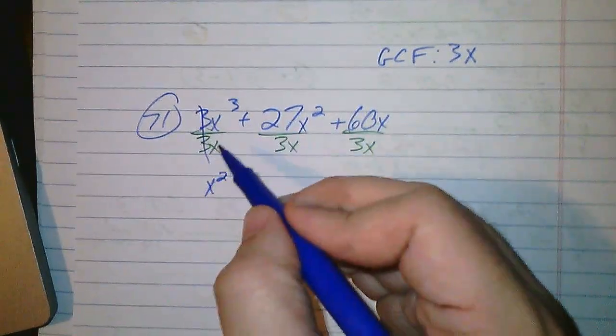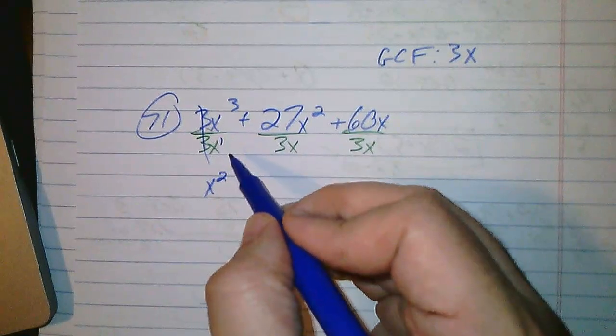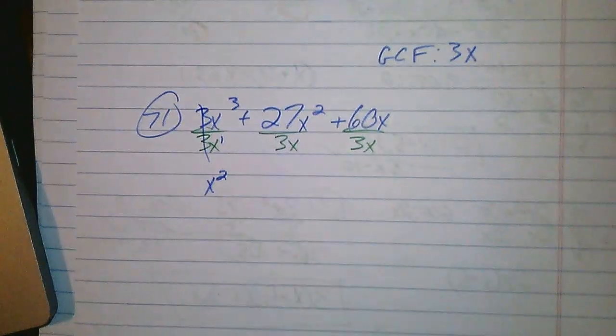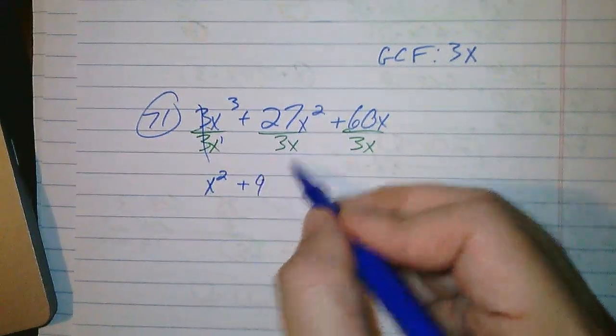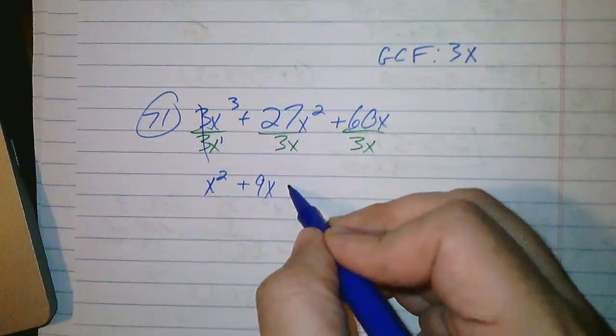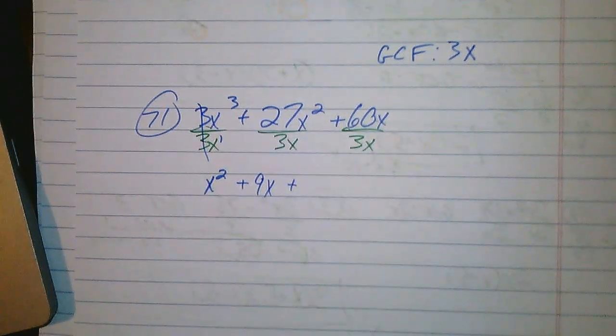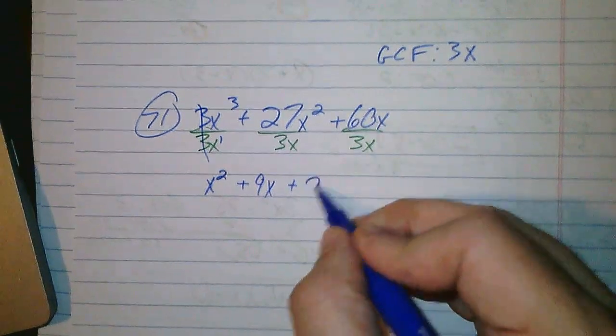The 3's cancel here. X cubed divided by x to the first, we subtract those exponents, and we just have an x squared. 27 divided by 3 is 9. X squared divided by x is just x. 60x divided by 3x is 20.